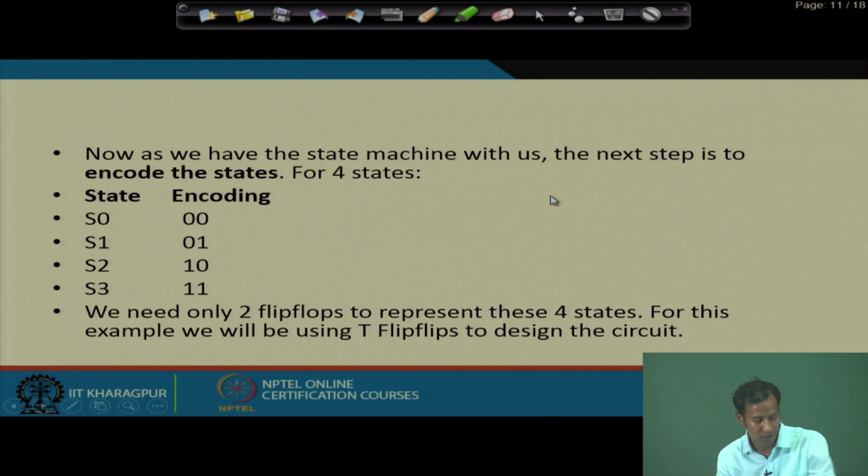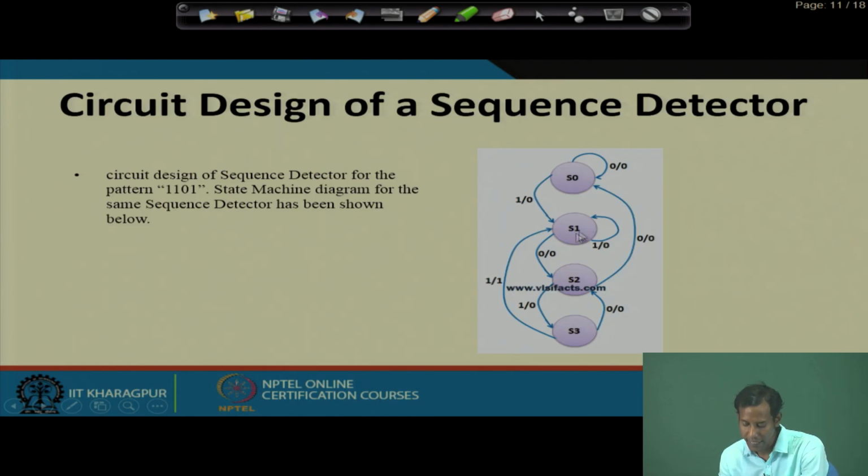In S1, the state corresponds to the sequence so far being 1. If it finds another 1, it stays in the same state, S1, and checks the next bit.